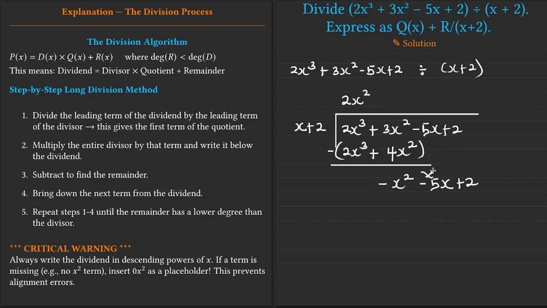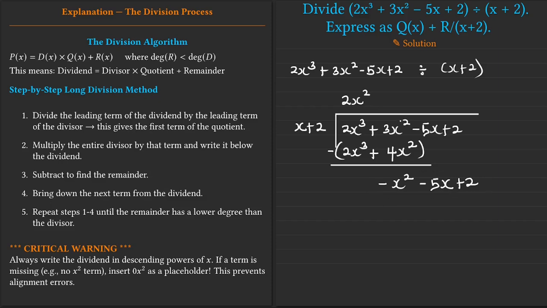Just as we do in our normal long division, you finish dividing, and the remaining numbers you bring down so that they can also be divided. We start our whole process again. It says, divide the leading term of the dividend by the leading term of the divisor. This time around, this becomes our dividend.